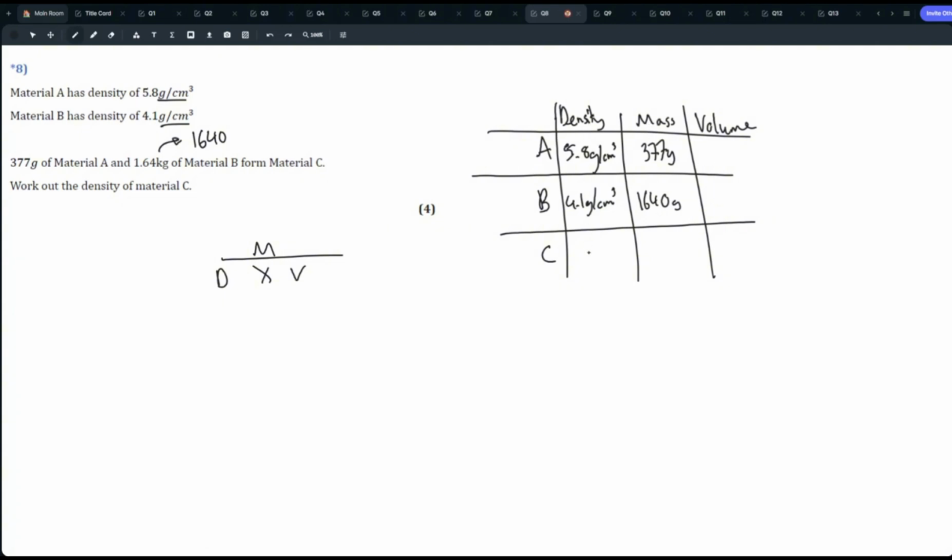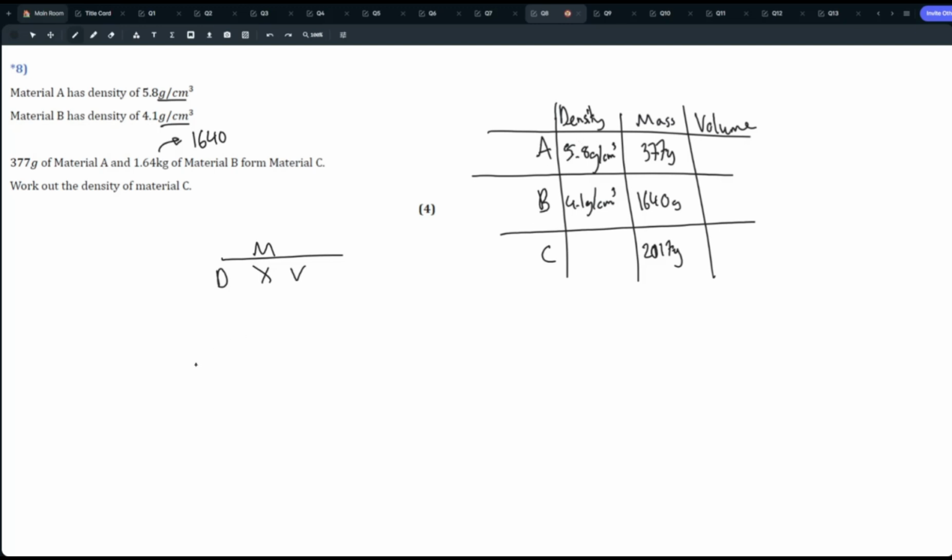Okay. Now with C, we can total the mass and we can total the volume. However, you cannot just total the density for C. That does not work. We can't just add 5.8 and 4.1. So what we need to do is work out the total mass, and that would be 2017 g. Okay, and the volume, well, we can work out the volume for each one.